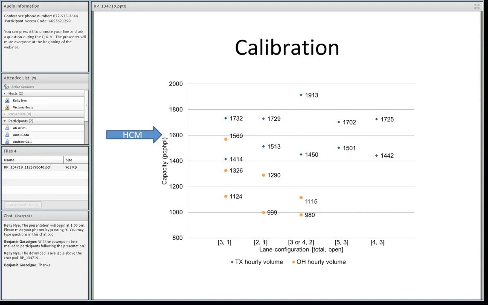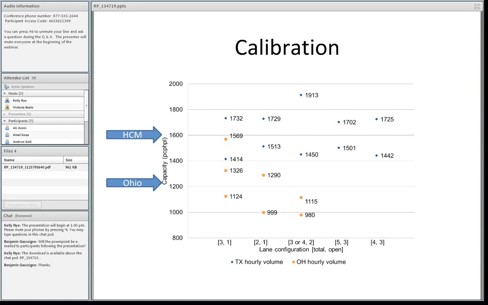However, we put in a calibration value because our data in Ohio was actually showing an average capacity among our 6 data collection sites of approximately 1,200 passenger cars per hour per lane. So a little more reduced than what the Texas data was showing us. However, with only 6 points, our confidence that that's the true difference is not great.